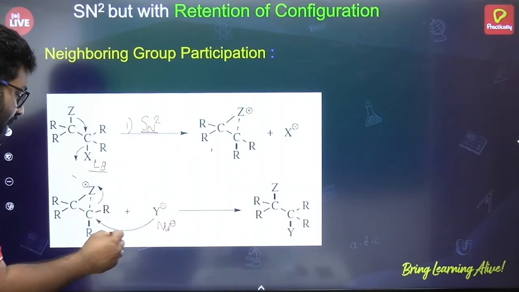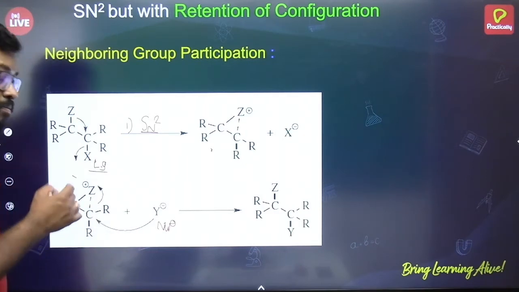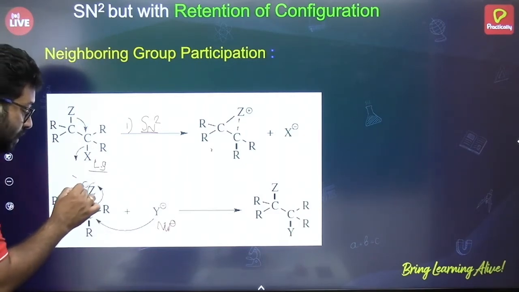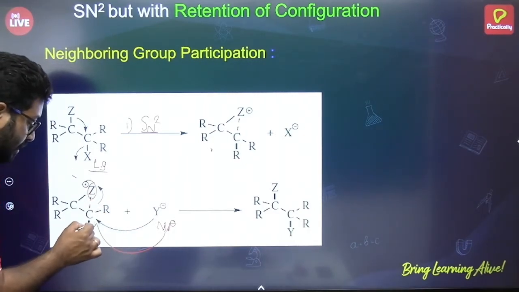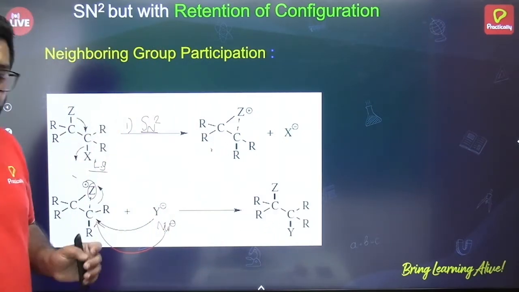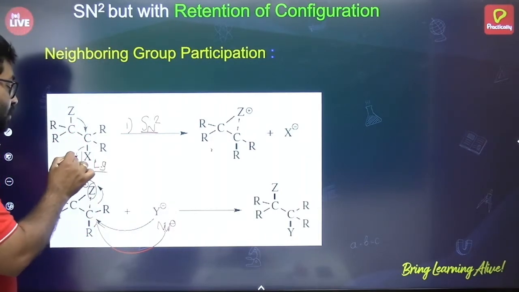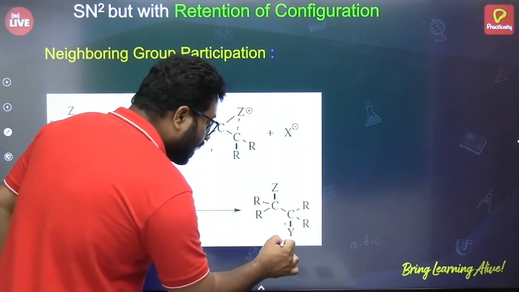Now it also attacks from the back side. Back side of what? Back side of your Z. So it attacks from the back side, and again Z stays there where it was, but Y comes into the place where X was. Here was your X, now here is your Y.